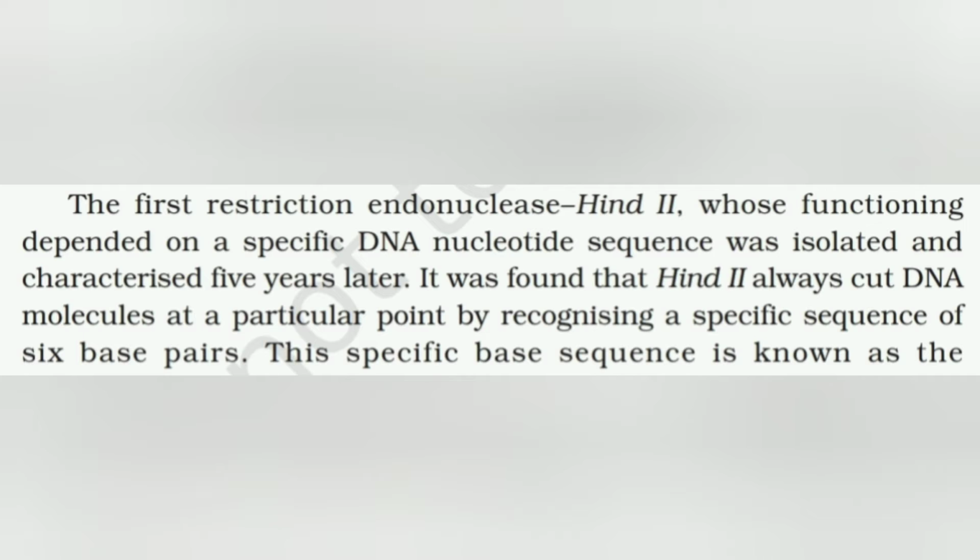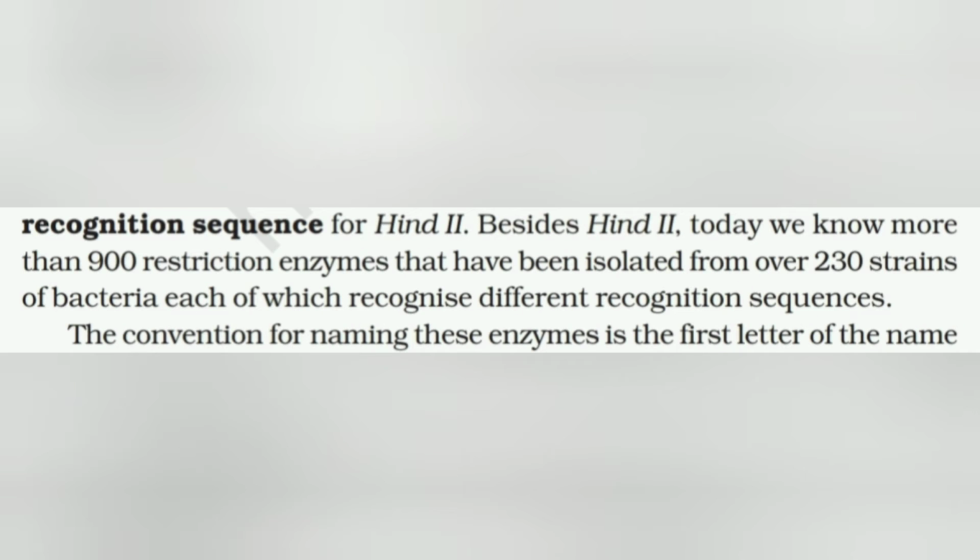The first restriction endonuclease, HindII, whose functioning depended on a specific DNA nucleotide sequence, was isolated and characterized 5 years later. It was found that HindII always cut DNA molecules at a particular point by recognizing a specific sequence of 6 base pairs. This specific base sequence is known as recognition sequence for HindII.